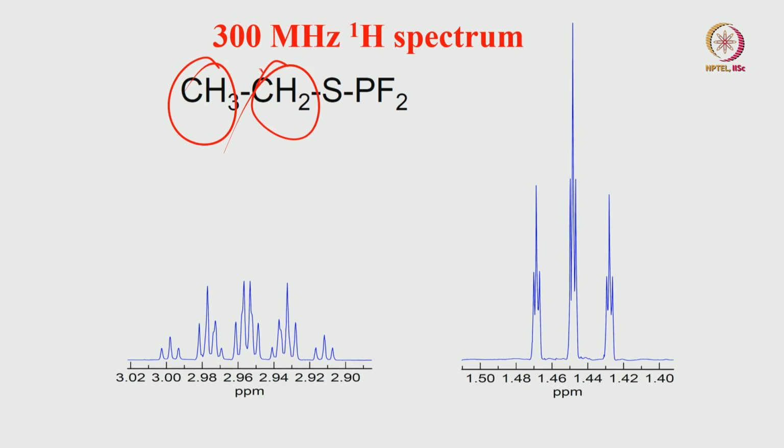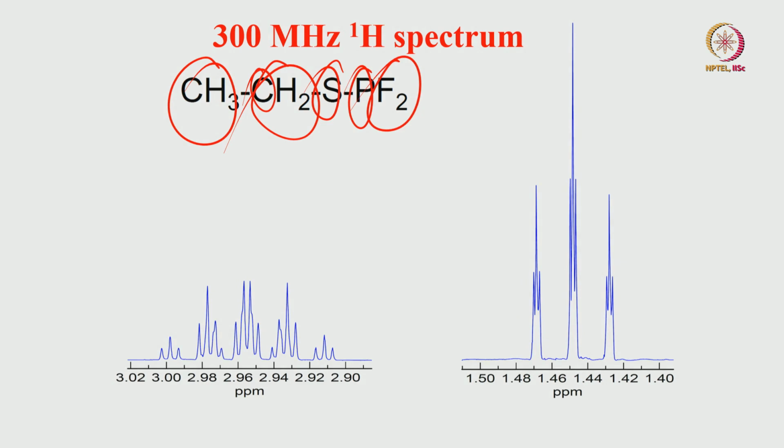Of course, if labelled, it can couple with the carbon also. Since it is natural abundance, we will not worry about it, it will be satellites. Sulfur will not couple. Phosphorus will couple, spin half. Fluorine will couple, spin half. And the extent of coupling depends upon how far they are separated, how many bonds.